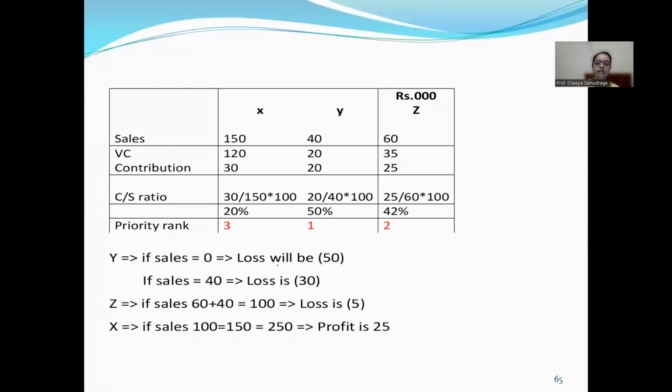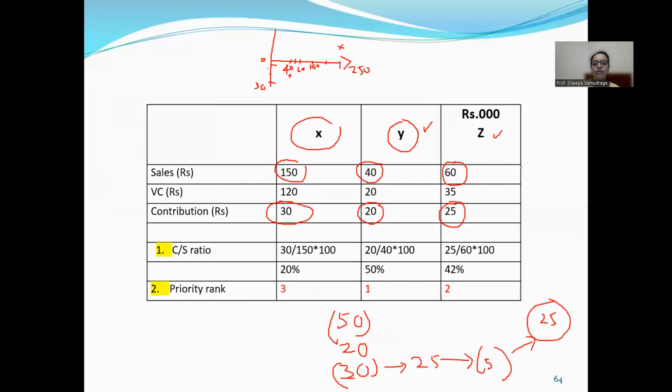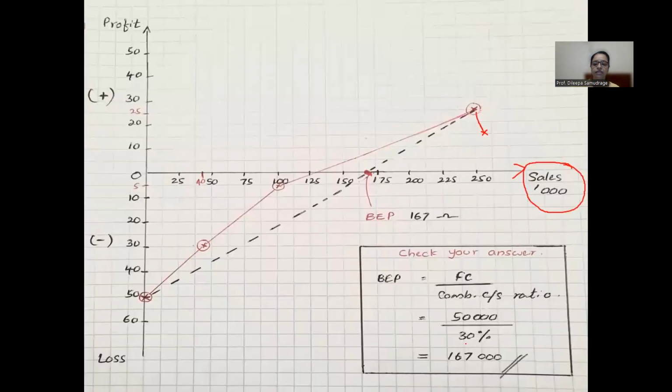To decide the combined CS ratio, you take all sales, that is 250, then all contribution, 75. 75 divided by 250 as a percentage, you get 30%, right? If your graphical approach is correct, you will get the same answer from the equation approach, right? So you can check the answer as well.